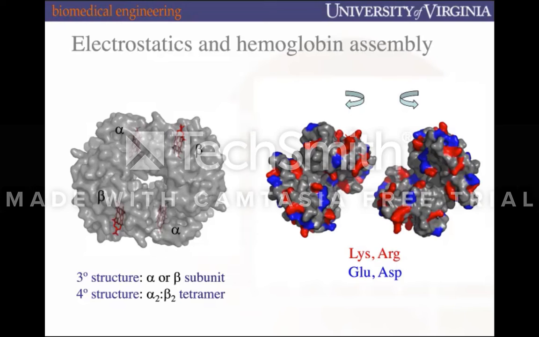And what I want you to appreciate is that if you look in the highlighted squares, you can actually see that the sites that would come together have positively charged on one side and negatively charged on the other side. And at another site, again, you have the positively charged and negatively charged, meaning that these sites will come together and have ionic bonds that help these subunits come together.